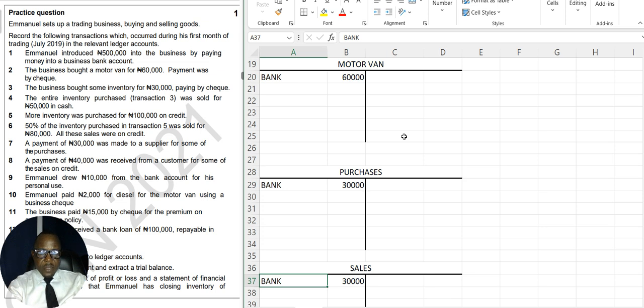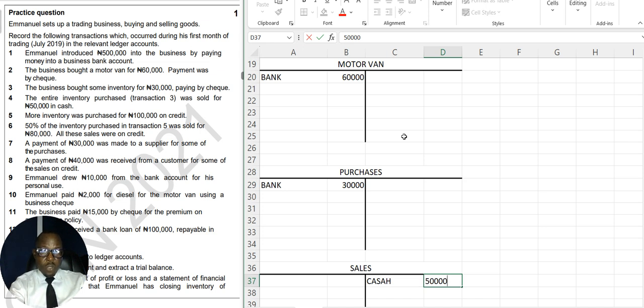So sales should always have a what? A credit balance. So you move to sales. What medium was the sales done? The entire sale was done through cash. So you put cash here. Cash, how much? 50,000 naira. See, do not be confused by that statement that the entire 30,000 naira was.